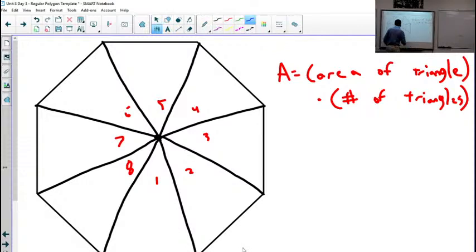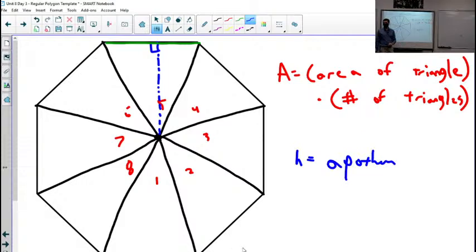When I do area of a triangle, I'm going to pick this triangle this time. Here's my height, dropped perpendicular to my base. The height of the triangle is not familiar to us. It's going to get a fancy name. I'll talk about it in just a second.